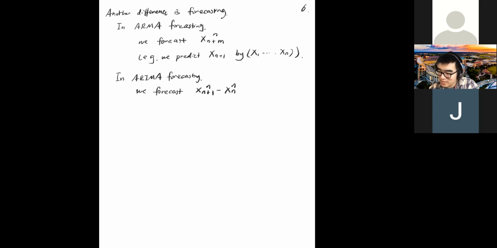So the idea is that we do not predict x_{n+1}^n directly. Instead, we predict x_{n+1}^n minus x_n^n, right? We forecast this difference because the regression we run is all based on this difference. We do not run the regression of the raw data, but we run the regression of the difference data.